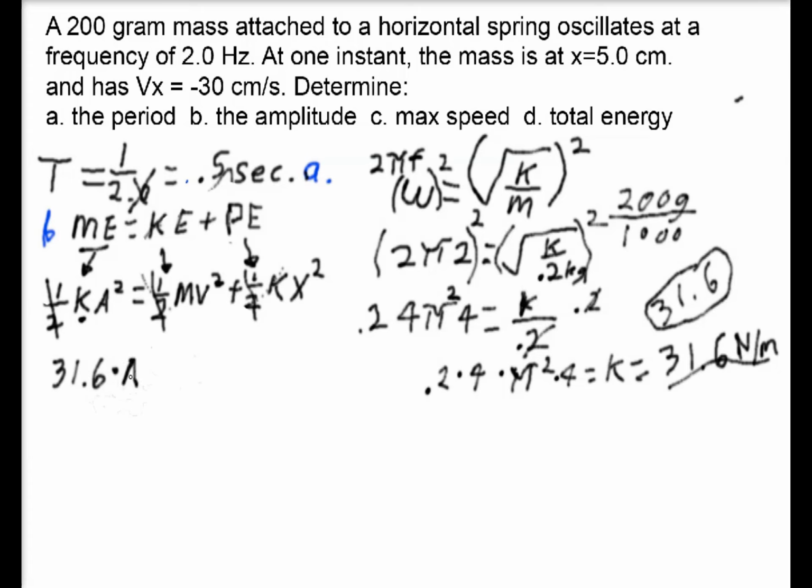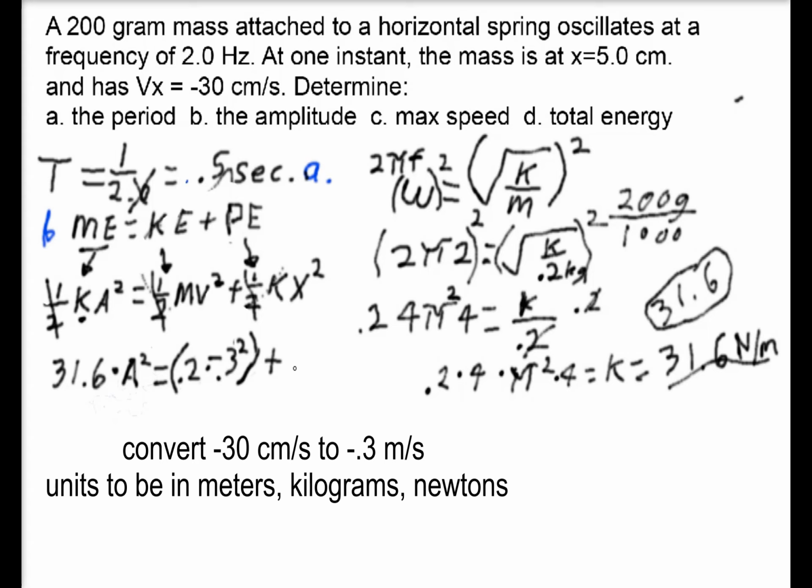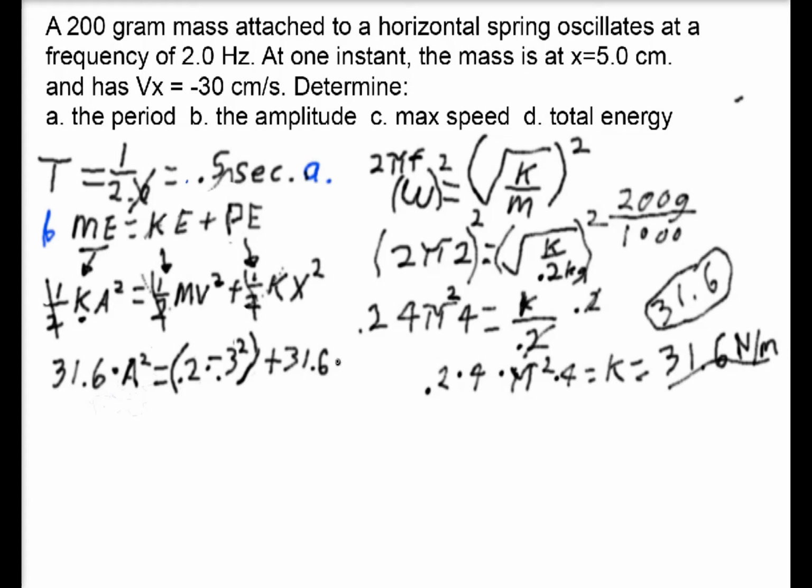So 31.6 times the amplitude, which is what we're trying to solve for, squared, equals the kinetic energy: 1/2 times the mass, 0.2 kilograms, times the velocity squared, plus the elastic potential energy: 31.6 times the displacement of 5 centimeters, which is 0.05 meters, squared as well.